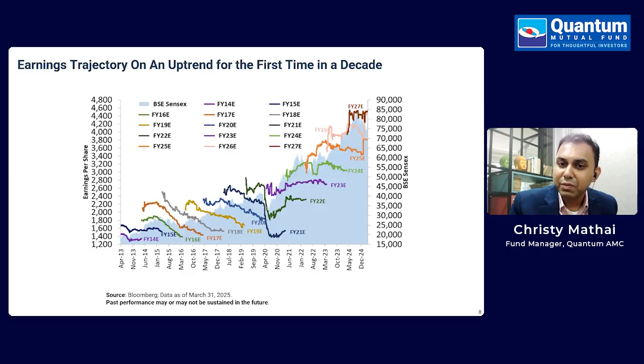Broadly, in the current environment, we have seen more consensus upgrades, possibly because of the resilient earnings growth that we are seeing in the economy, which could be correcting as we enter FY26. But the current rally, at least in the last 3-4 years, is broadly driven by earnings, as opposed to what we saw in 2016 to 2019, where the earnings were getting cut despite the markets doing well.